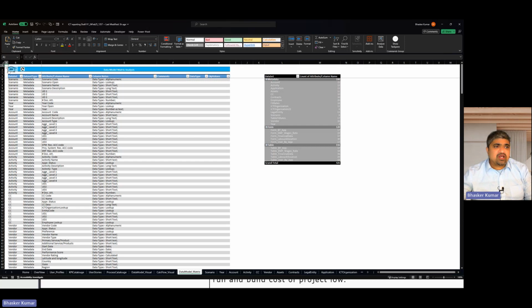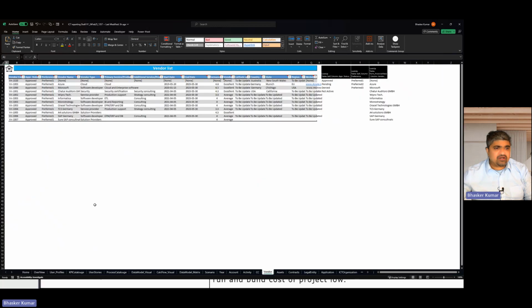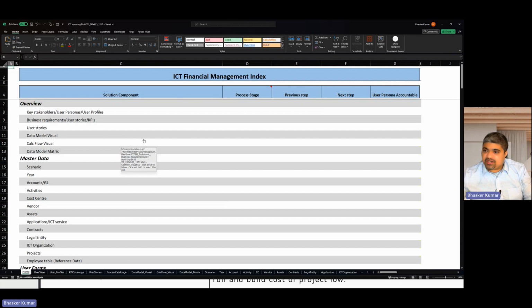For example, take my vendor: whether the vendor is preferred or not is my bucket. So if somebody asks me to report how much of my spend is going through preferred vendors, and I maintain this bucket, then I can report on it. You have more than 50 attributes to slice and dice upon.